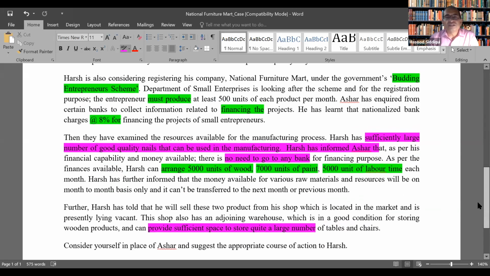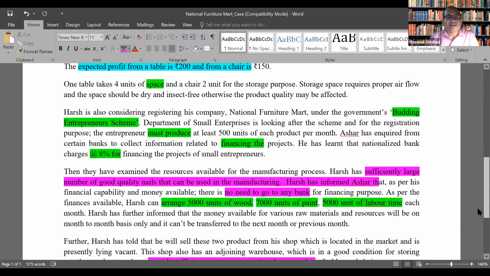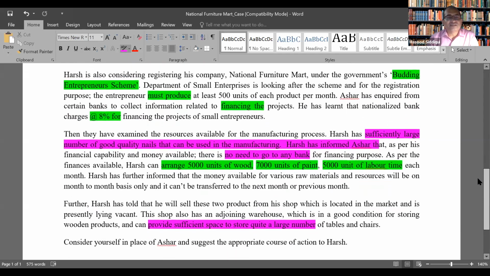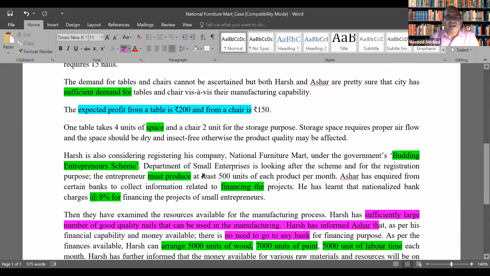But there is one more thing: since they want to get registered under government schemes, the government schemes want that at least 500 units should be produced. So at least 500 units of each product must be produced. These are the certain things under consideration.